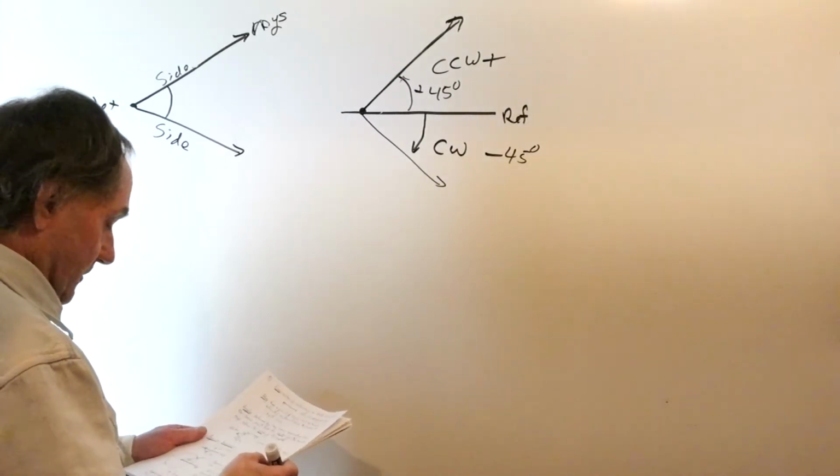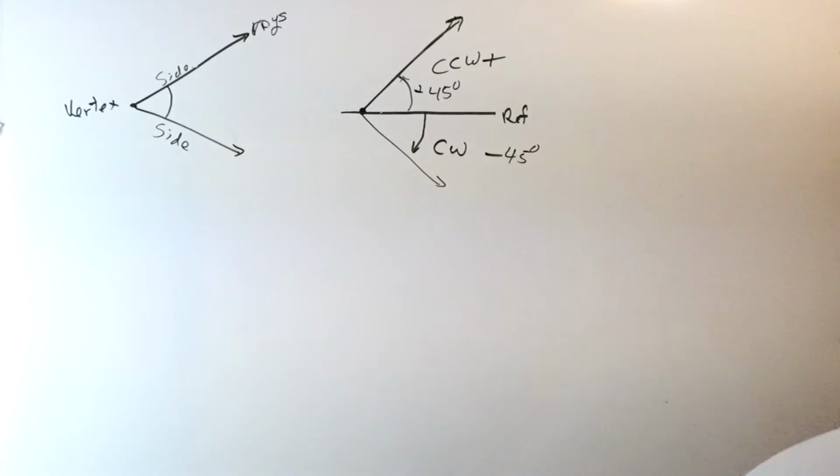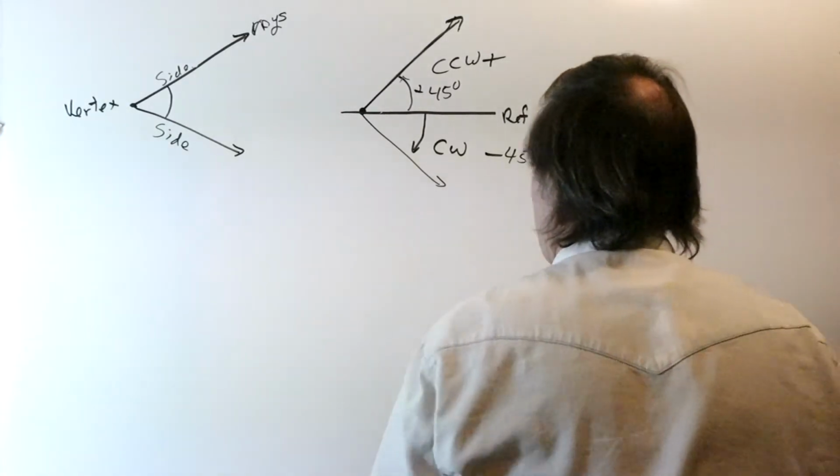So sweeping from the reference counterclockwise establishes a positive measure for the angle, and going clockwise gives you a negative measure for the angle. Now, we define angles on a circle is the best way to look at it.